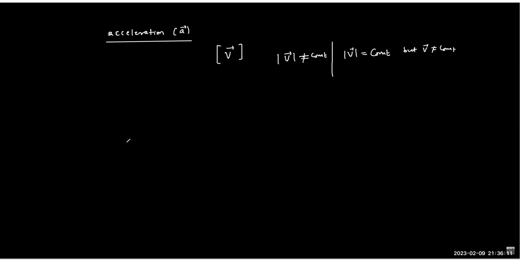So let's say we draw some random path, and we call this a curvilinear path. If a particle is tracing this path, then even if you try to keep the mod of V constant, let's say you're not changing the speed, can we prevent the velocity from changing?